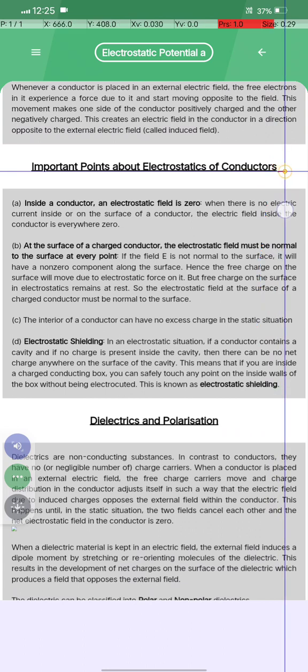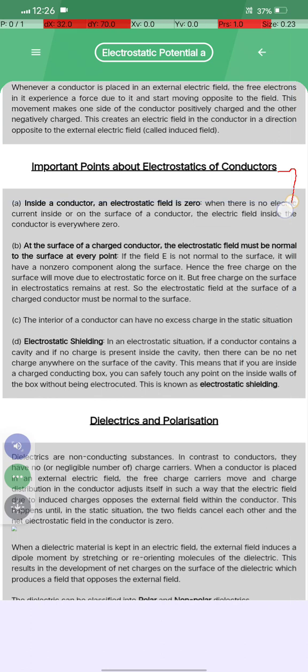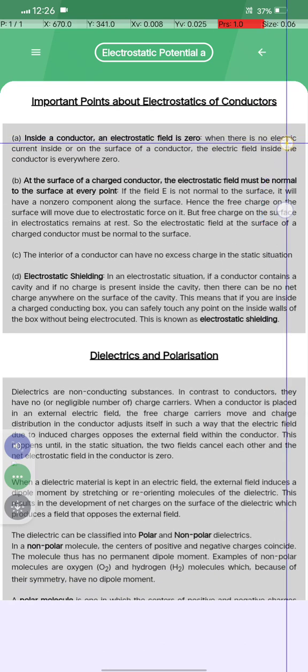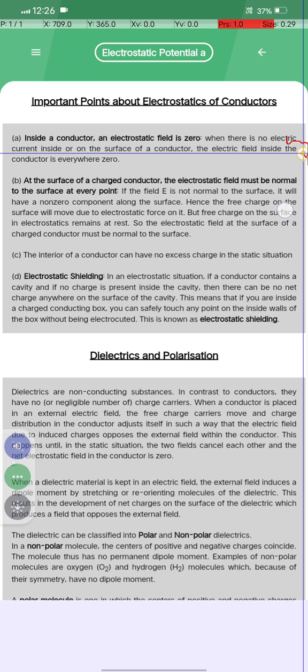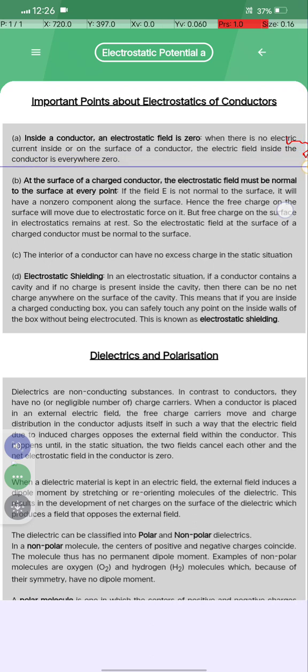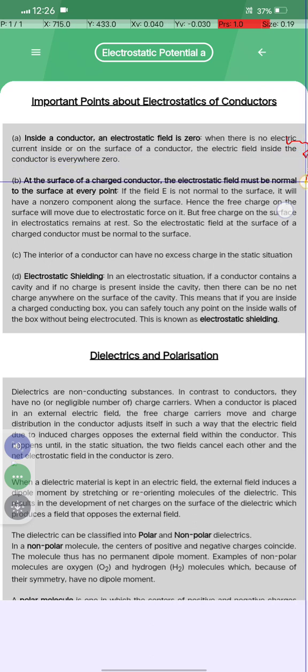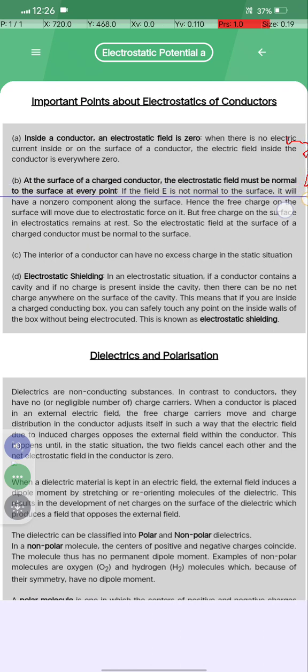After that, important points about the electrostatics of a conductor. First, inside a conductor the electrostatic field is zero. When there is no electric current inside or on the surface of a conductor, the electric field inside the conductor is zero everywhere. At the surface of a charged conductor, the electrostatic field must be normal to the surface at any point.